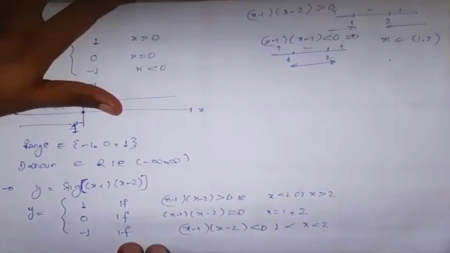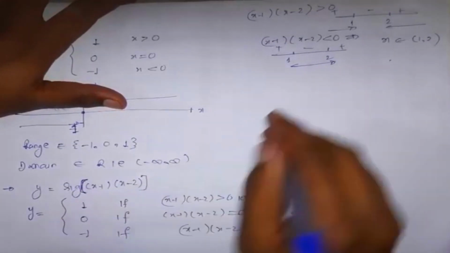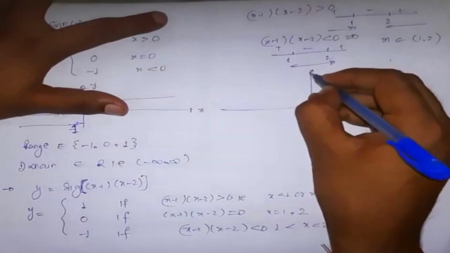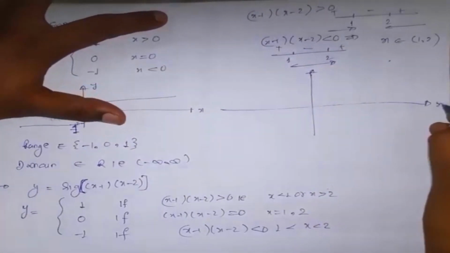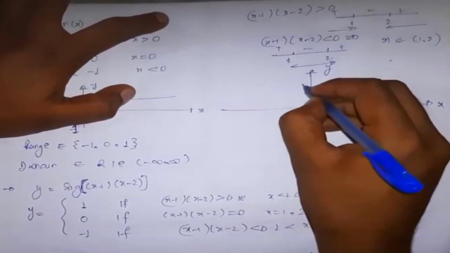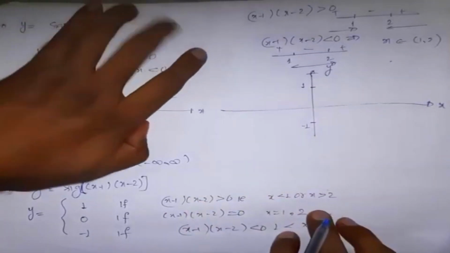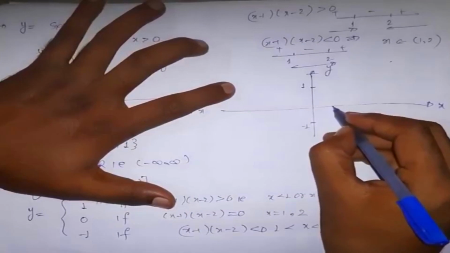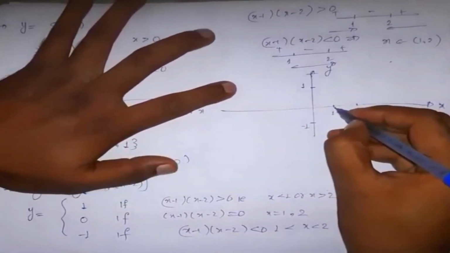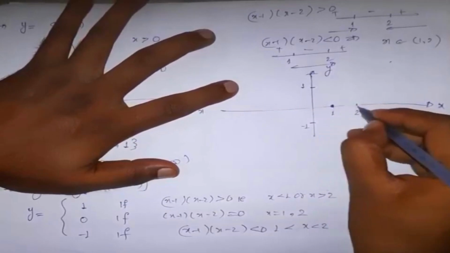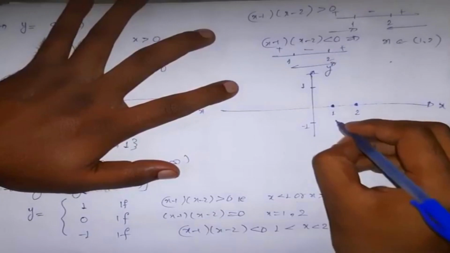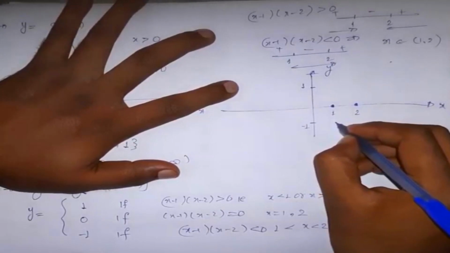So how will we draw the graph of this function? We will draw a straight line, the Cartesian plane, x, y. This is 1, this is minus 1. Okay, I hope it is clear. So here 1, 2. At 1 and 2, it will be 0. For 1 to 2, the value of the function will be negative.